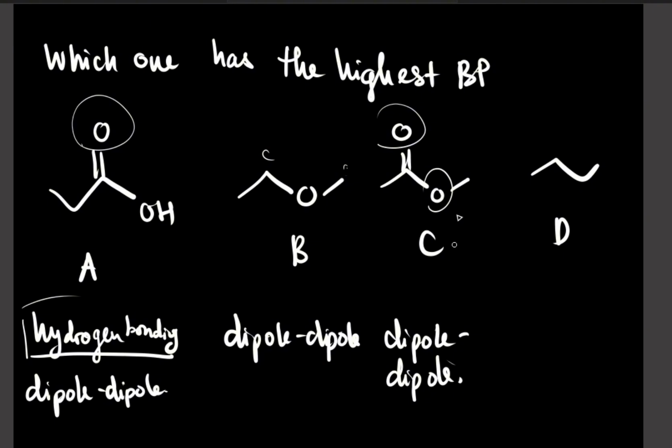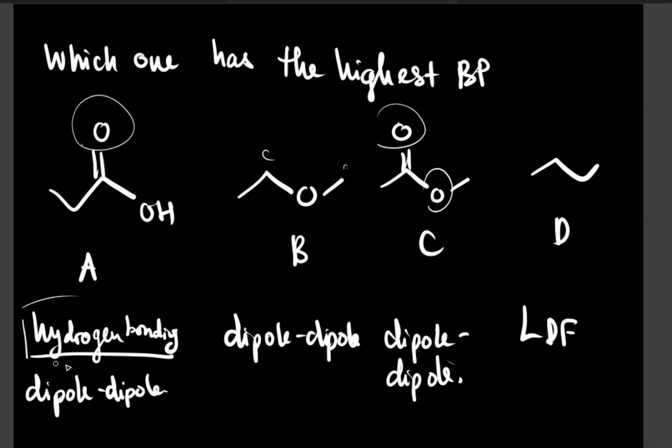But we see two oxygens here, so it's going to be a little bit more polar than B. And in D, it's non-polar. It's just a hydrocarbon, so we only have London dispersion forces.